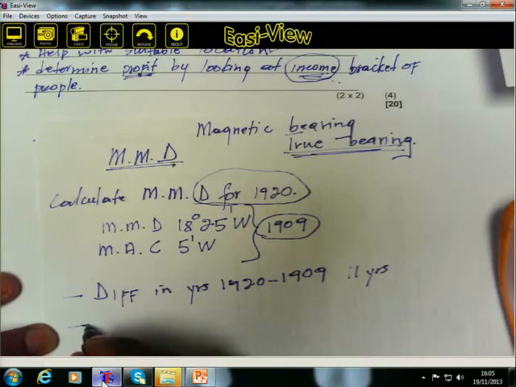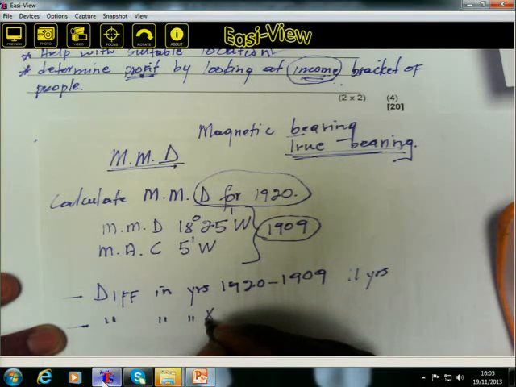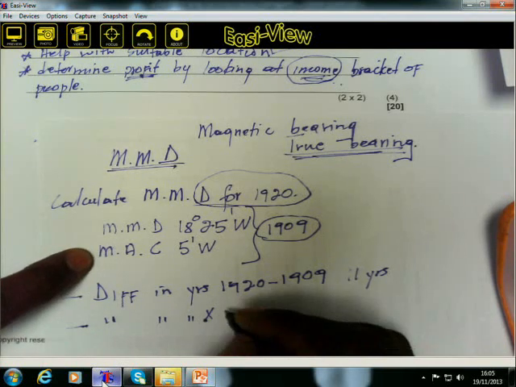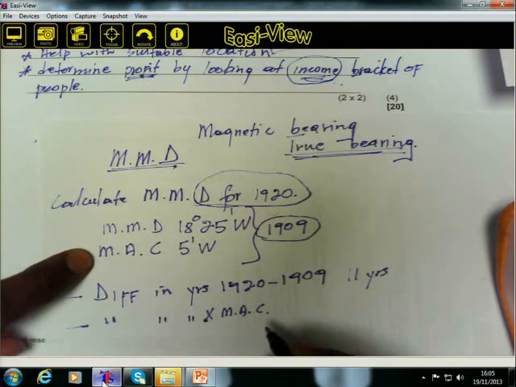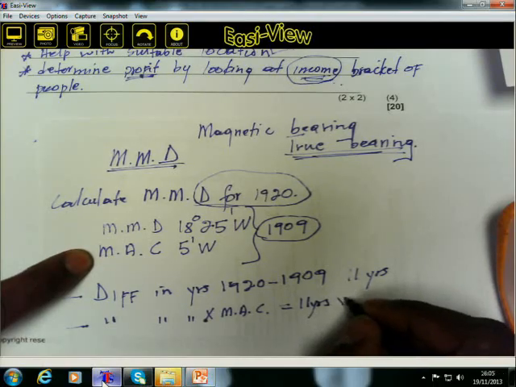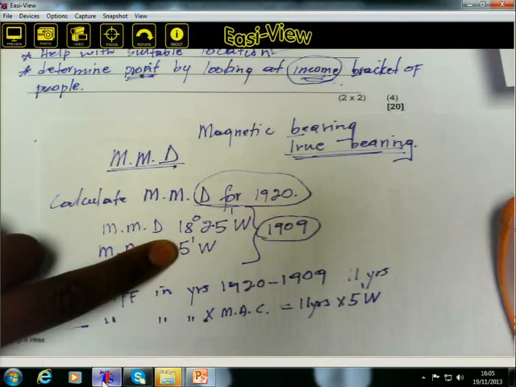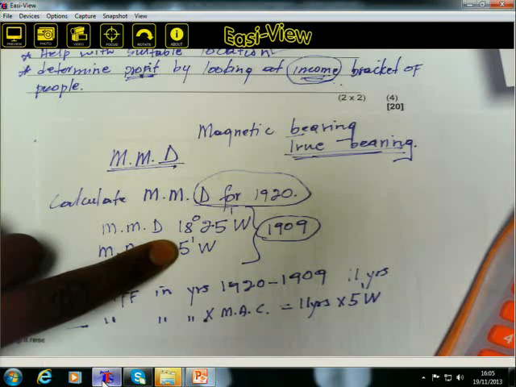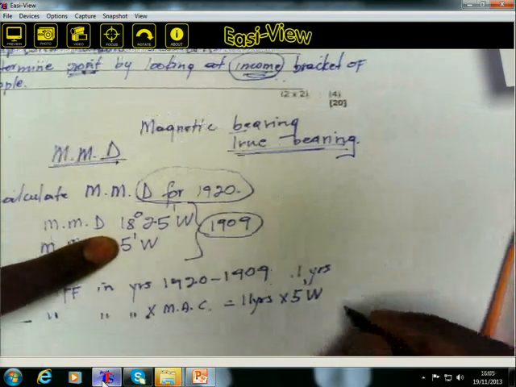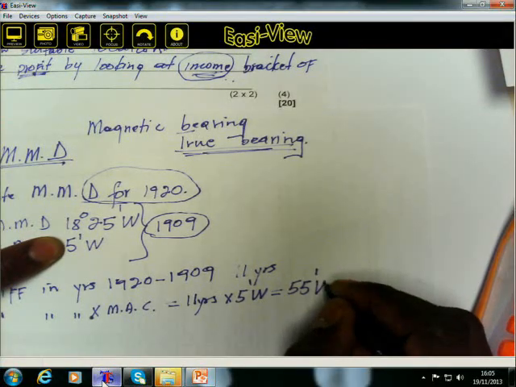Now, the second step says the very same difference in years multiply with what? With your mean annual change. That will mean 11 years multiply by 5 minutes west. Now, is it 55? 11 multiply by 5 will give me 55 minutes west.